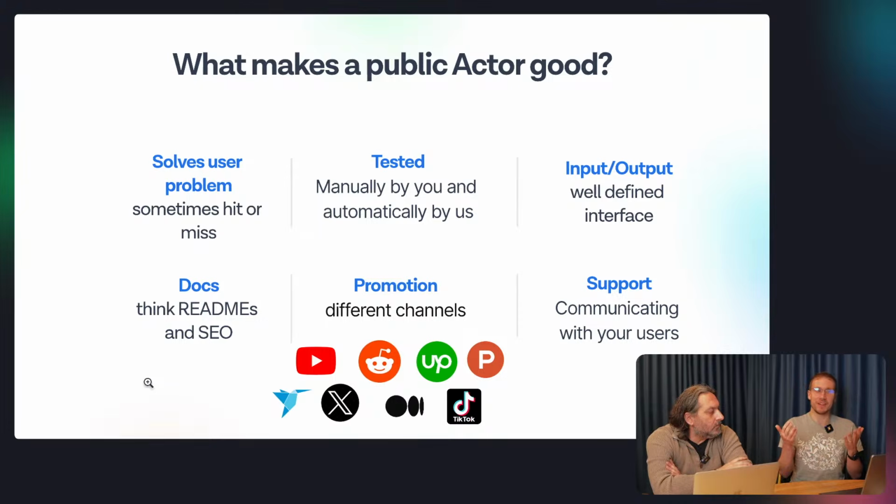As with nearly anything in computer science or software engineering, interface is important because other people might want to integrate with your actor, might want to integrate programmatically via API or via some other integration we have, and they need to know what input they should give your actor so it does the job it is doing, and they would also like to know in which format they would receive the data back. For this, we have input and output schema definitions. So if you define this, then your users know what they can expect.